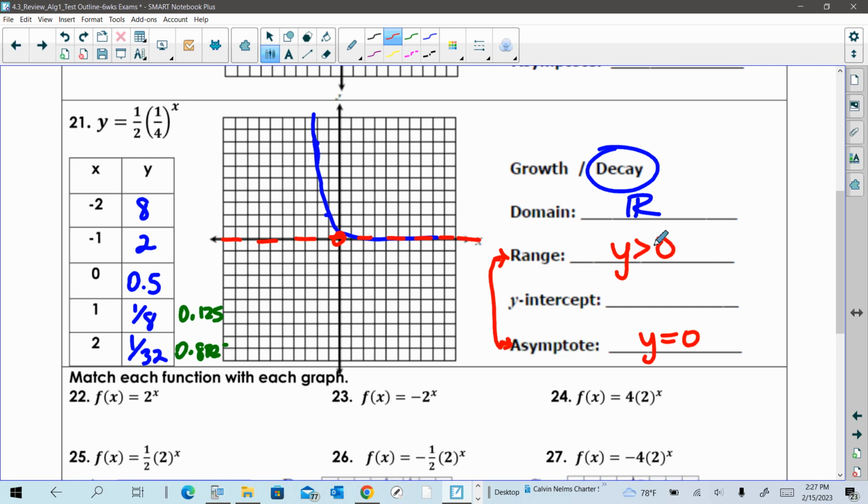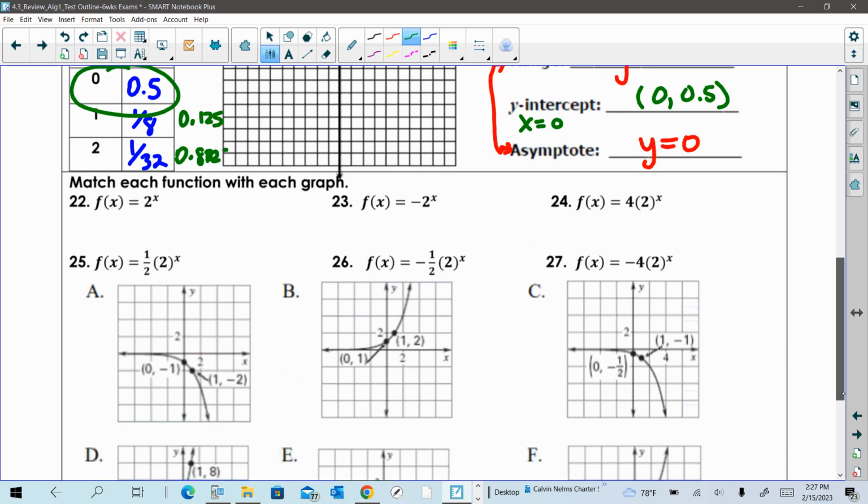So once you know the horizontal line where it flattens, then you can get to your range. And then our y-intercept is our initial value. It's always when x equals 0, so I can get that from the table. So it's our ordered pair (0, 0.5), or 1/2.